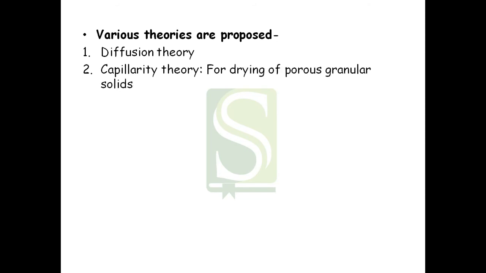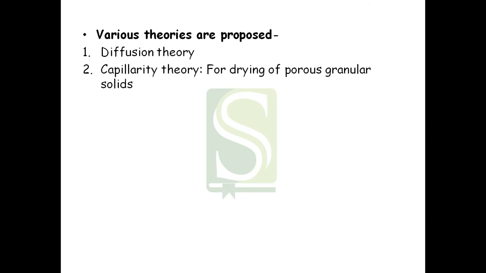It is mostly applied for drying of porous granular solids. The porous material contains a network of interconnected pores and channels which are not circular or straight. At the surface, the cross section of these capillaries forms various sizes of pores.